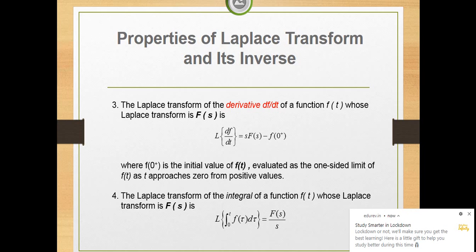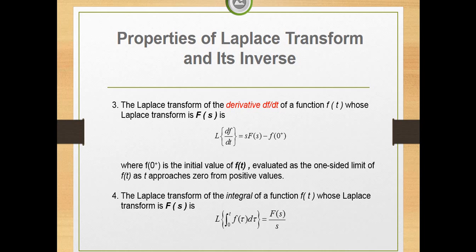So the value 0 for our t should be approached from the right side. Now, this is the Laplace transform of a derivative. So this is just the first derivative. If it's the second derivative, the same pattern will be followed through. That would be discussed in the next slide.